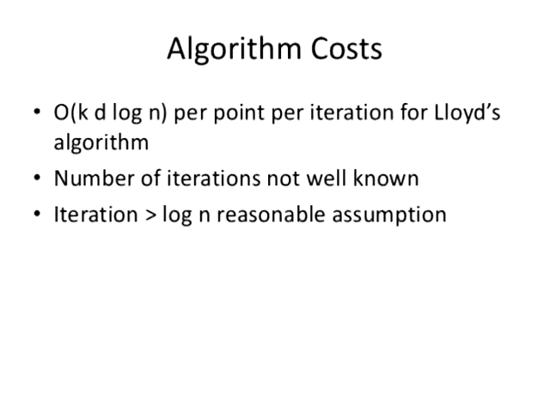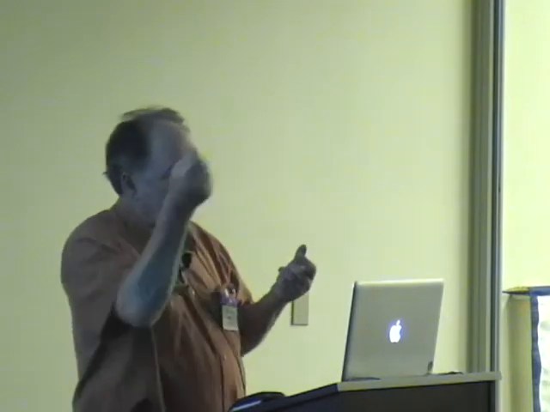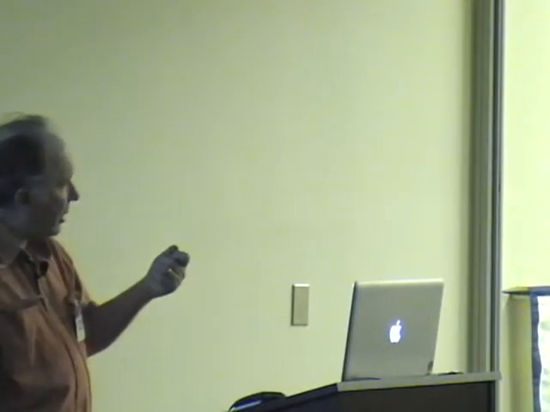Let's go through it. Anyway, Lloyd's algorithm costs order of k times d per data point. You have to look at all of the cluster centroids you have. It costs about d to do each comparison, and you have to make several passes through the data, which is probably at least log of n, or log of nk, or something even bigger. So that's roughly what it costs per data point to do k-means. And the surrogate approach does a fast, sloppy clustering to k log n clusters. And we do a fast, sloppy search within those clusters.